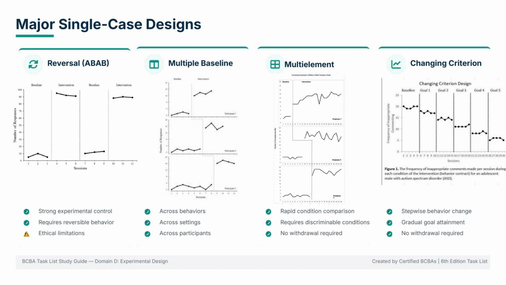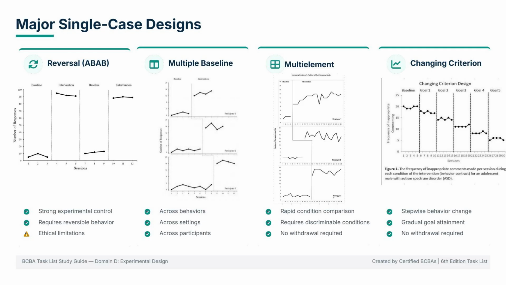There are several types of single-case designs, each with its strengths. Reversal ABAB. This is the strongest design for demonstrating cause and effect. It involves alternating between baseline and treatment phases. However, it requires that the behavior be reversible, and it cannot be used when reversing behavior would be harmful. Multiple baseline. This design involves introducing the intervention at different times across behaviors, settings, or participants.